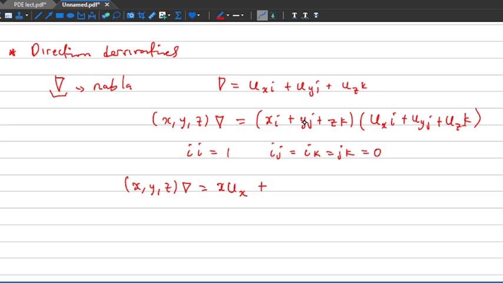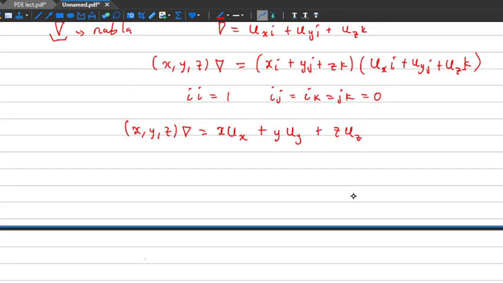Then y times everything here: i times j will be 0, j times j will be 1, then we have y uy. Same applies for z times k, and everything else will be 0, so you have z uz.